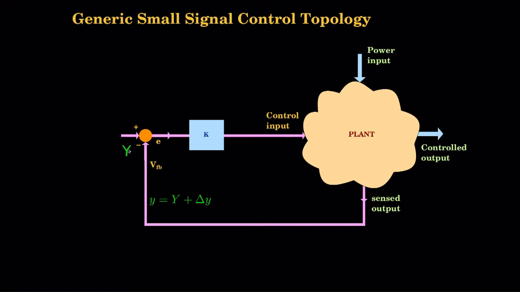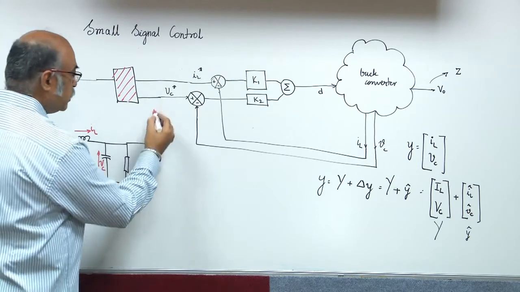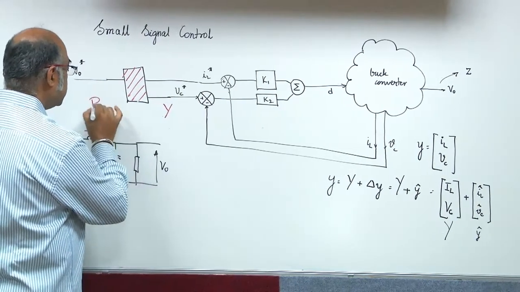This is our reference here, okay, and you get the error and the U. This is your large signal system. Now, I was indicating here something here, right. So, the Y here and the reference here can be different.